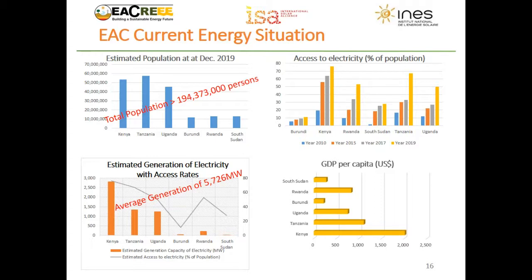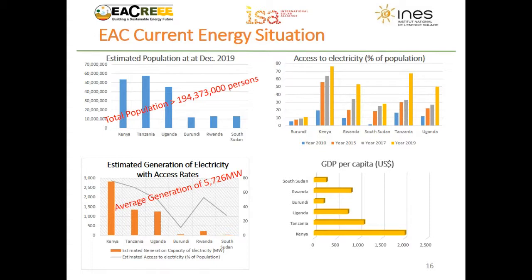All the countries are striving to have their population access electricity. We have countries that lead, and of course other countries that are following up in terms of access, with Kenya and Tanzania, together with Uganda and Rwanda, having access rates of over 50%, both on-grid and off-grid.